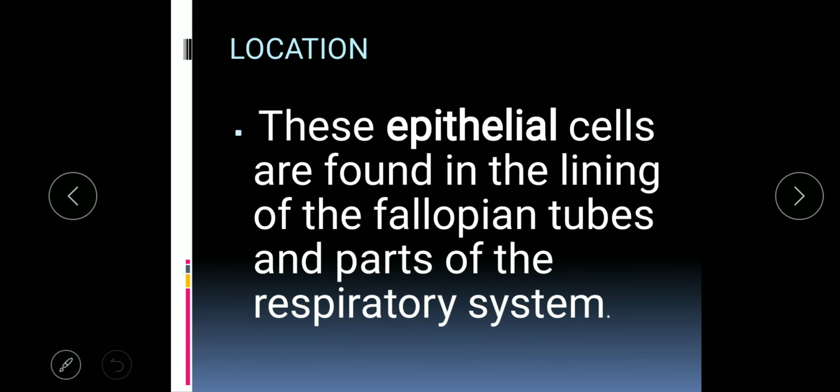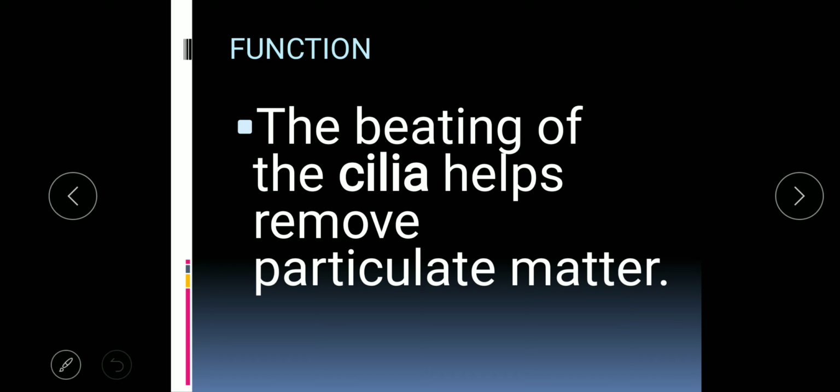Location: it is found in the lining of the fallopian tube and parts of the respiratory system like the trachea. So it is found in the inner lining of the trachea. Fallopian tube is part of the female reproductive system, so there also it is present. Function: the beating of cilia helps to remove particulate matter from the inhaled air.